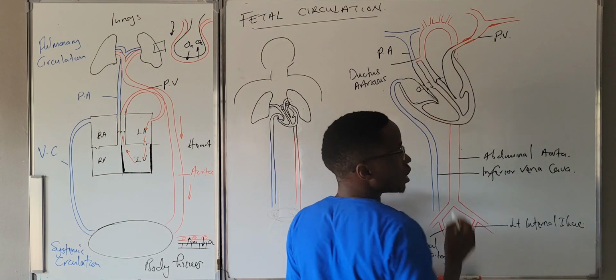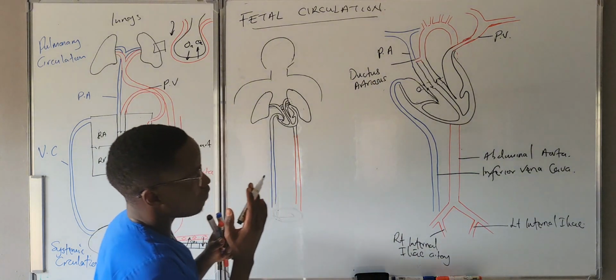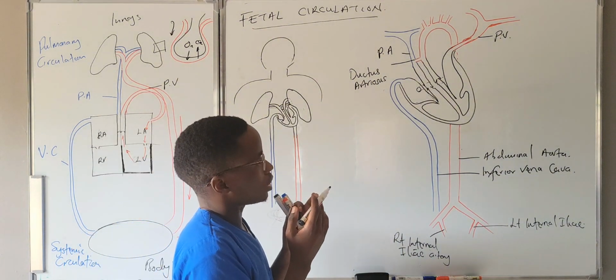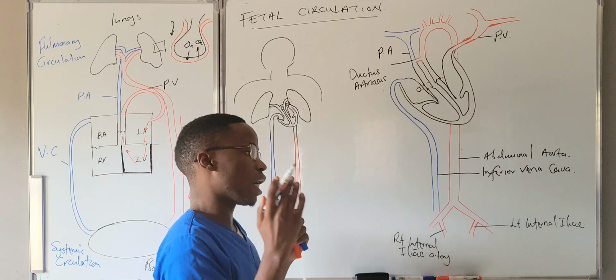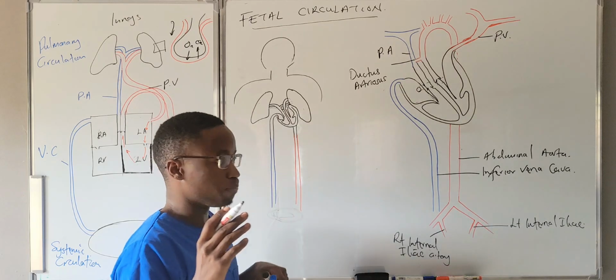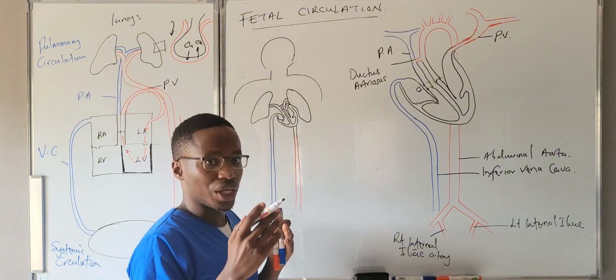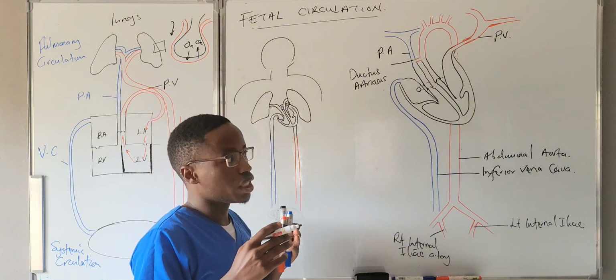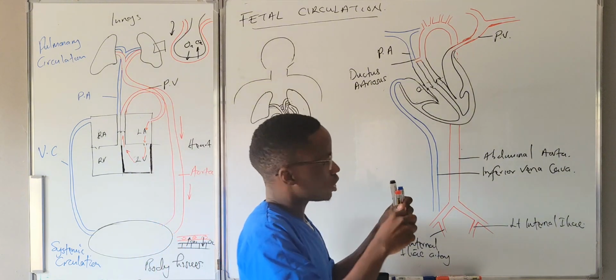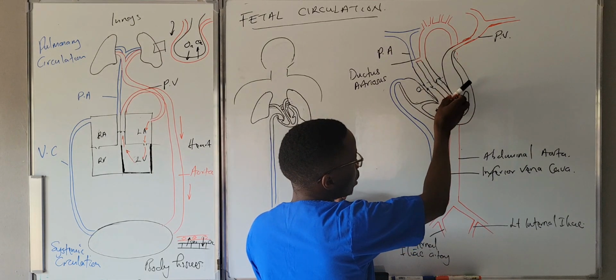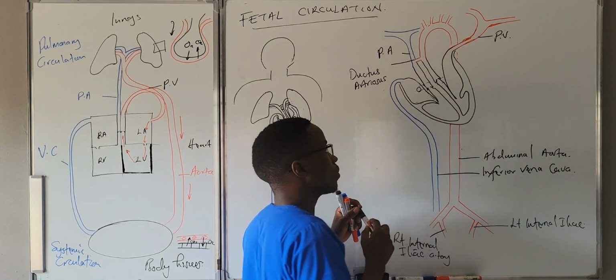And of course there's a little valve in between, in the interatrial septum, right? That valve is called the eustachian valve. Now that valve actually closes like this, so it opens like that and closes like that.